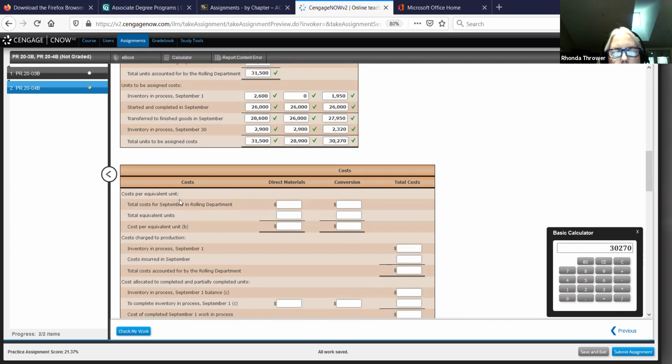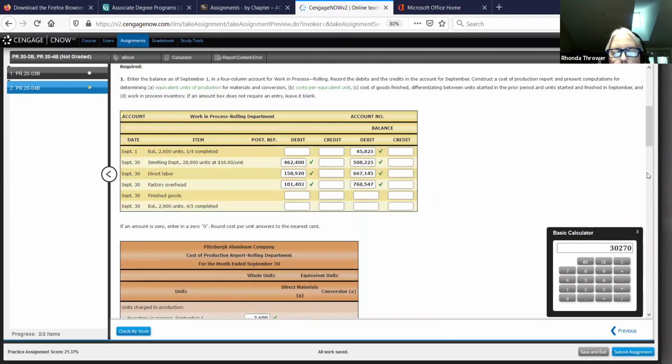And to do that, I need to know what my direct materials cost me. So I'm going to go back to my information, and the direct materials was what we received from smelting. And you can get that right here, or you can get it in your information from above.